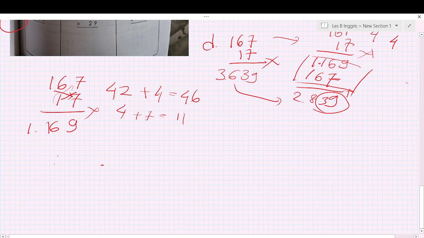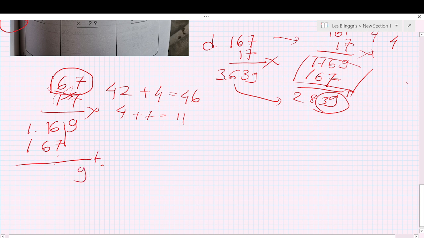So any number times 1, you got the number itself. So every time you times any number by 1, you got the number itself. So if you got 167 times 1, you got 167. You put the 7 in the tens row here, and then add it up.